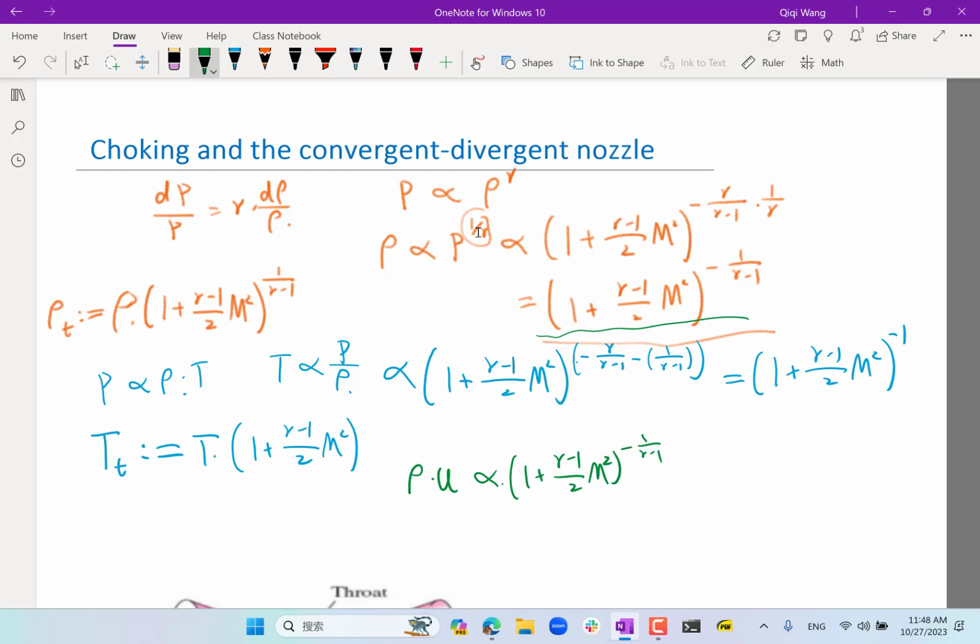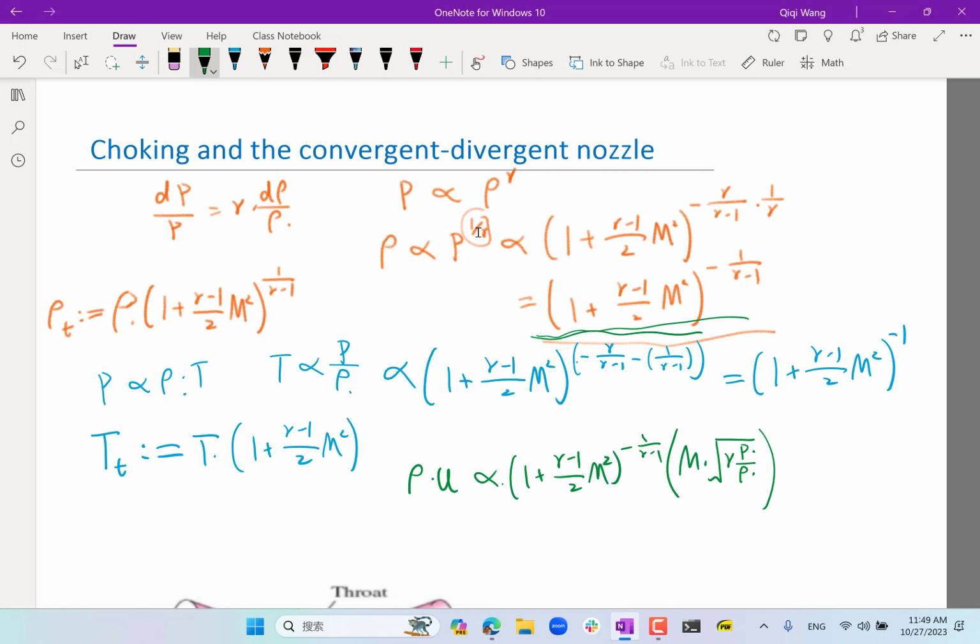And velocity is, of course, the Mach number times the speed of sound, right? So velocity is actually Mach number times square root of gamma p over rho. And we can represent both p and rho also in terms of powers of this little guy, right?